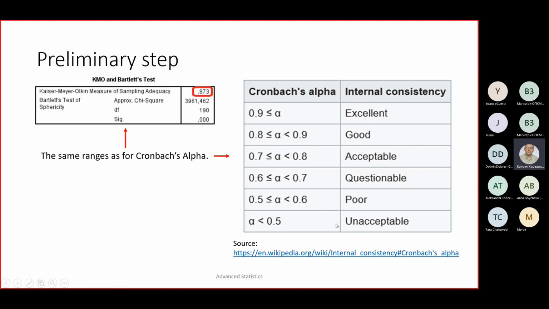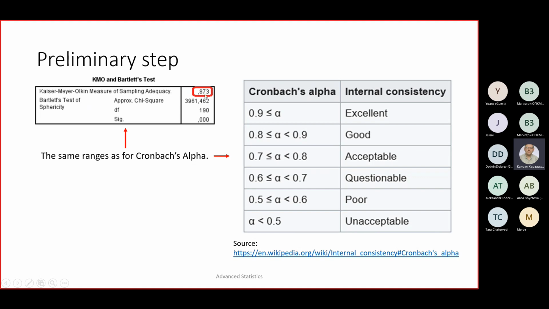If the value is below 0.5, the sampling adequacy is unacceptable. If the value is larger than 0.5, it is acceptable.